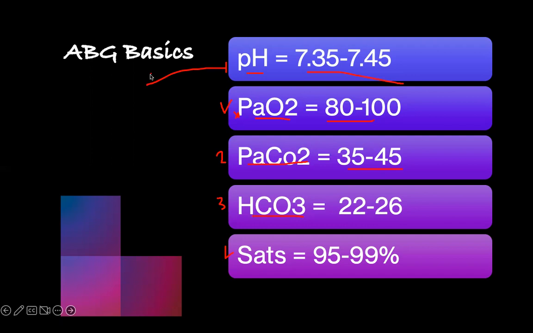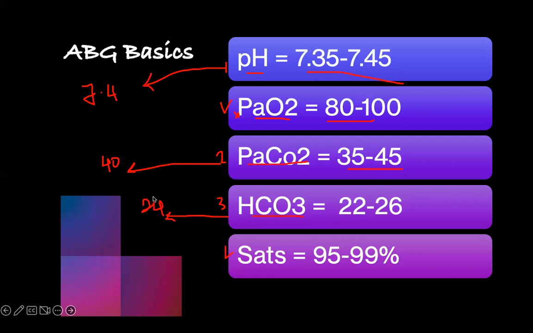For the calculation to figure out what is going on, use 7.4 initially. Then for the CO2, turn it to 40 instead of 35 to 45. Later on, you can change it back. Initially, and then bicarb, 24.